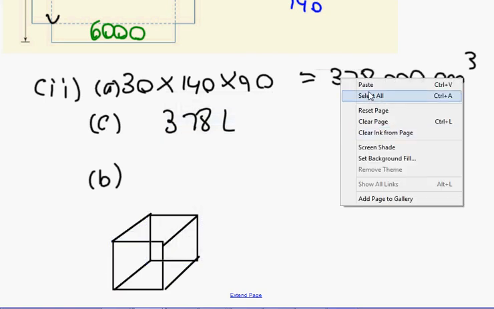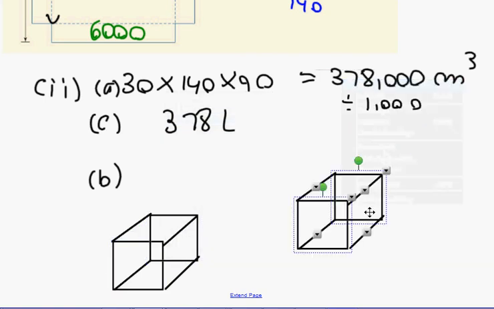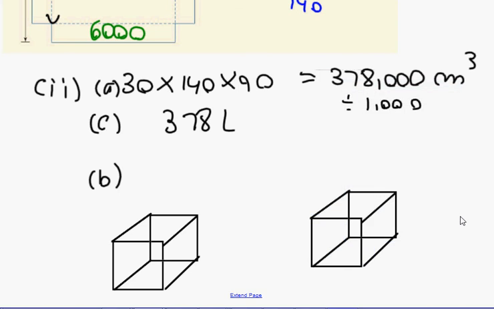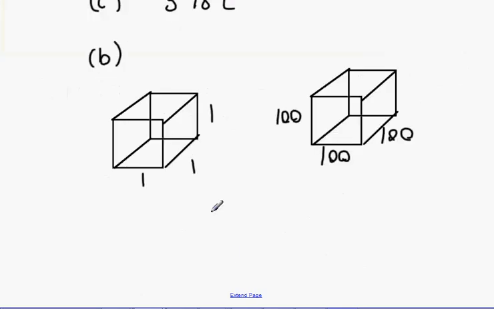A meter cubed is 1 meter by 1 meter by 1 meter. In turn, that's 100 by 100 by 100. And what's 100 by 100 by 100? A million. 1 meter cubed is the same as a million centimeters cubed.